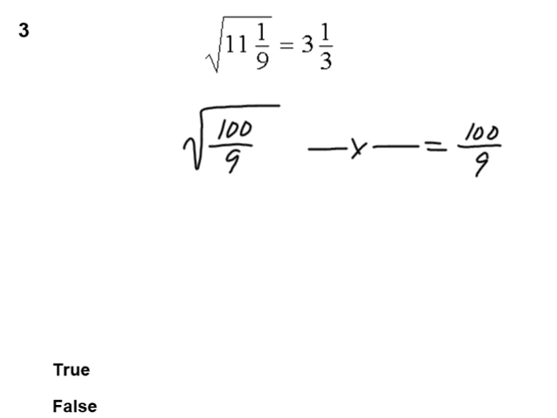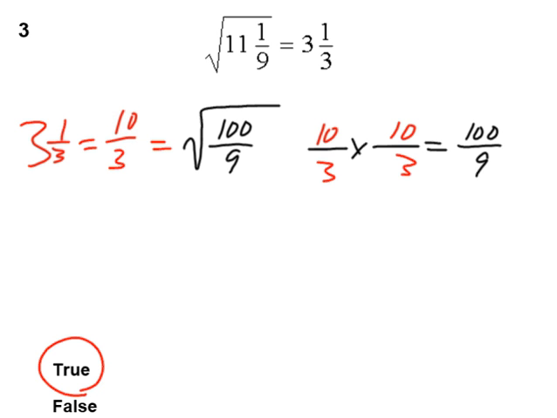Well, our numerator would be 10. Our denominator would be 3. So the square root of that is equal to 10 over 3, which as a mixed fraction is 3 1/3. And therefore, the solution to question 3 is true. The square root of 11 1/9 is 3 1/3.